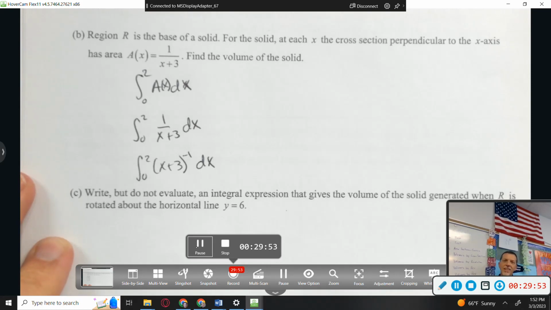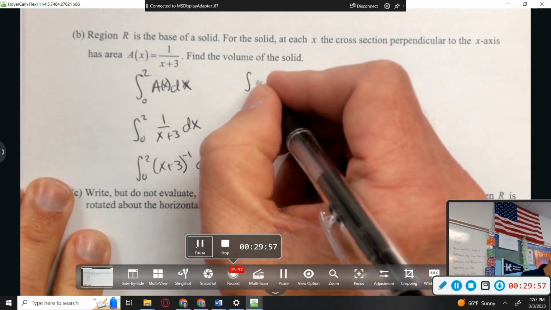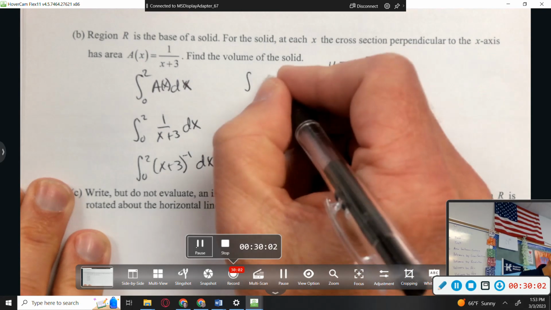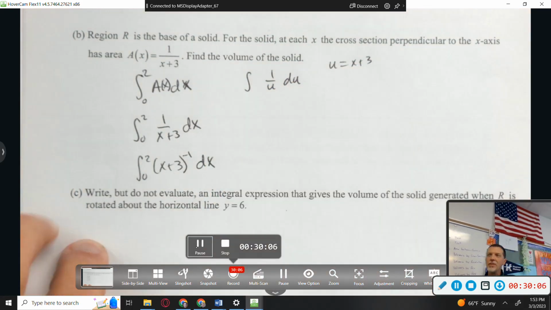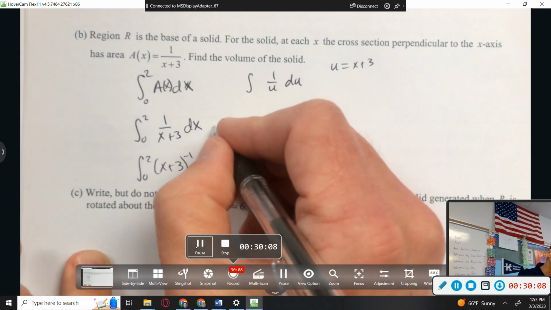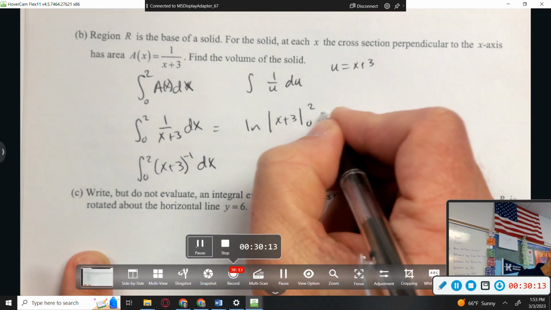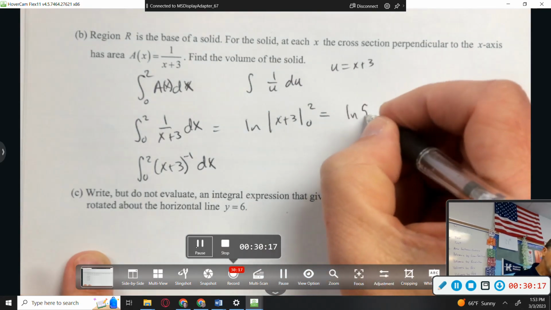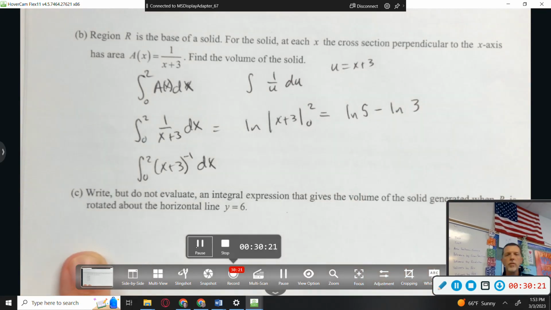Why couldn't you just do U substitution? You could do U substitution, but it still turned out to be 1 over u. What's the integral of 1 over u? Hopefully we know that one. Natural log. So this is natural log of x plus 3 from 0 to 2. So natural log of 5 minus natural log of 3. Natural log 5 over 3.